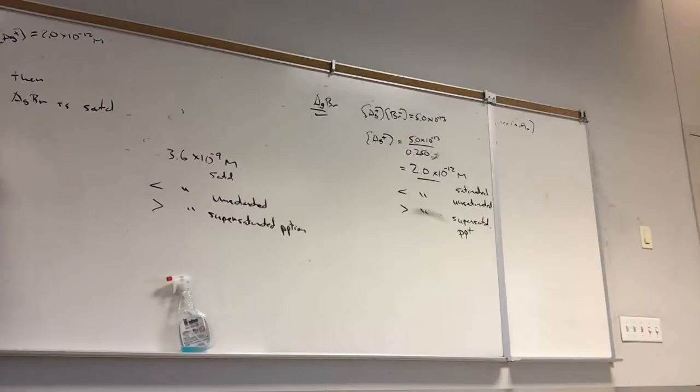Okay, so the scenario here is, in this beaker, nothing has precipitated out, but we have chloride, we have bromide, and we have silver ion. The chloride is 0.0500 molar. The bromide is, was it right? No, 0.250. Shoot, did I get it mixed up from the original problem?